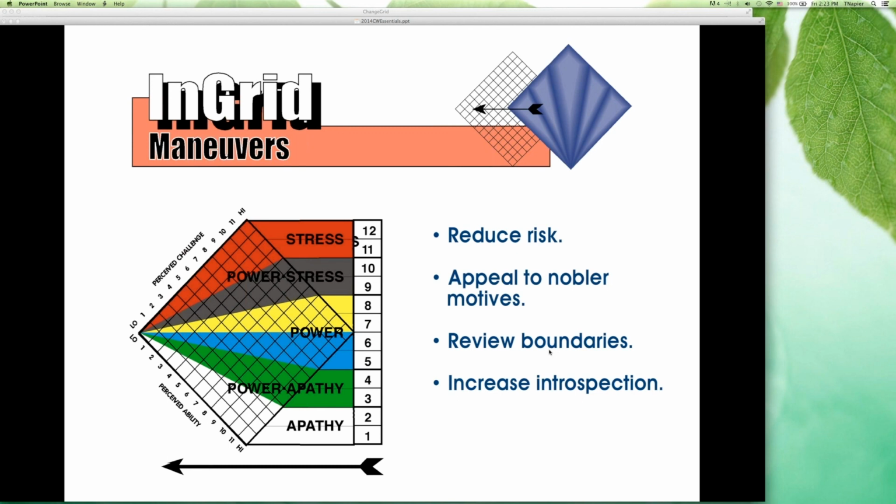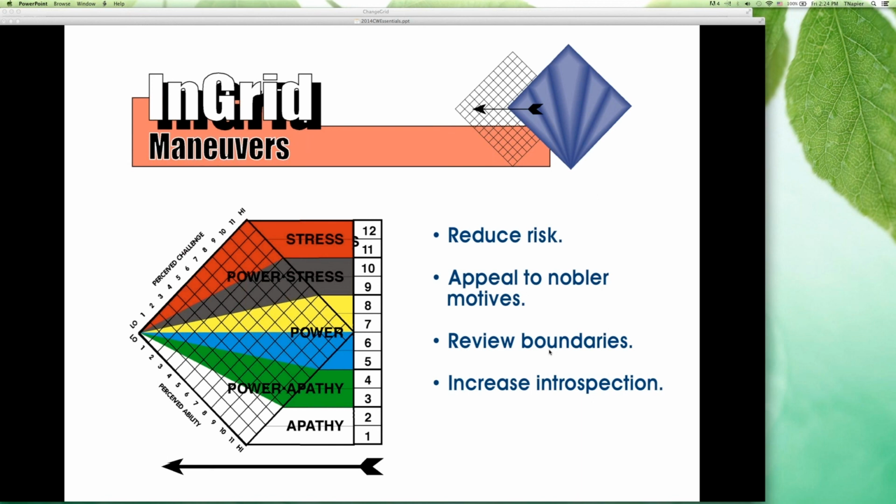They often want to hand off to that. In a corporate setting, if this is where we're at, you would probably have already engaged someone on the HR side of things anyway. So point is, I want you to be aware that there are these in-grid maneuvers that could be done with great benefit in a certain set of circumstances, but hopefully you will have little, if any, occasion to really use these.